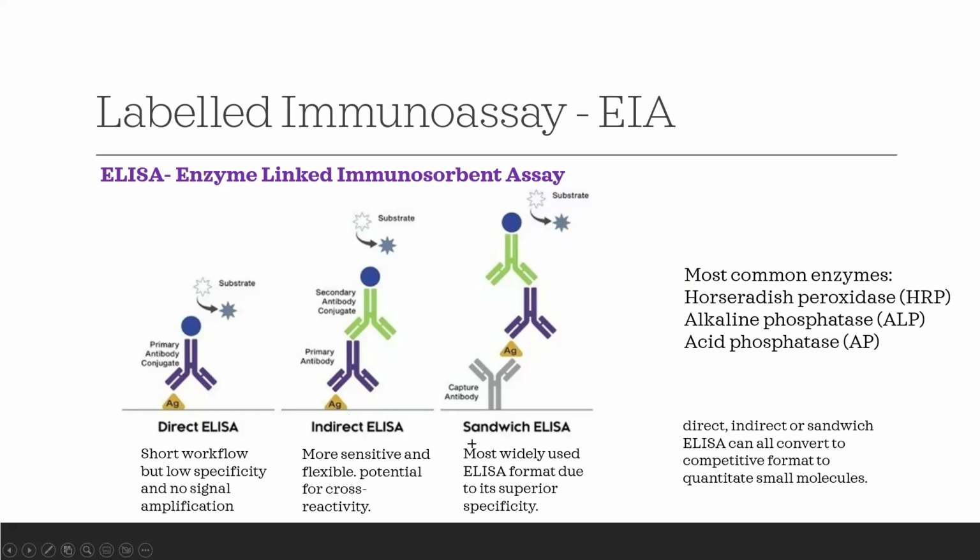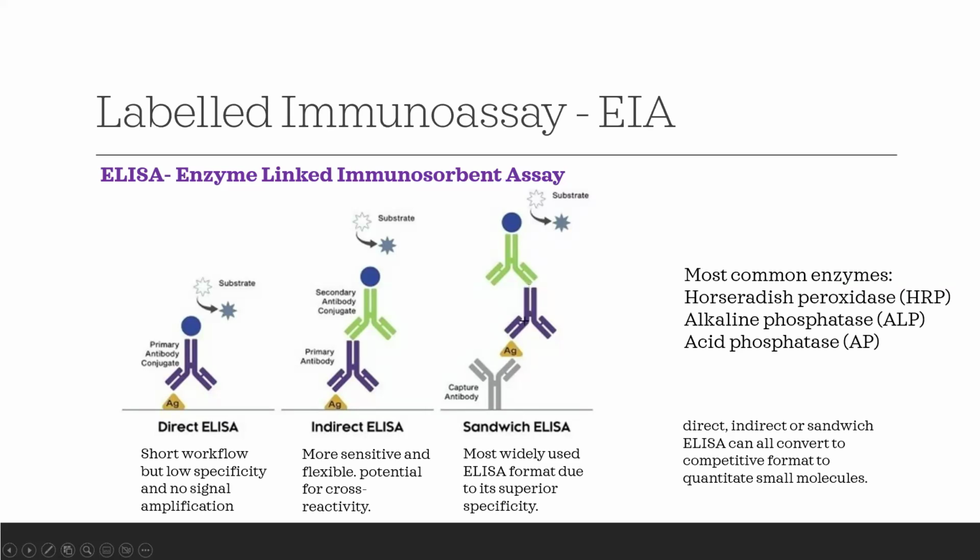Here comes the third type, sandwich ELISA. Sandwich ELISA is the best. It has the highest specificity and sensitivity compared with the direct and indirect ELISA. Sandwich ELISA, as shown here, is like the sandwich assay we talked about earlier. It has a capture antibody attached to the surface, and we introduce the antigen that will bind with the capture antibody.